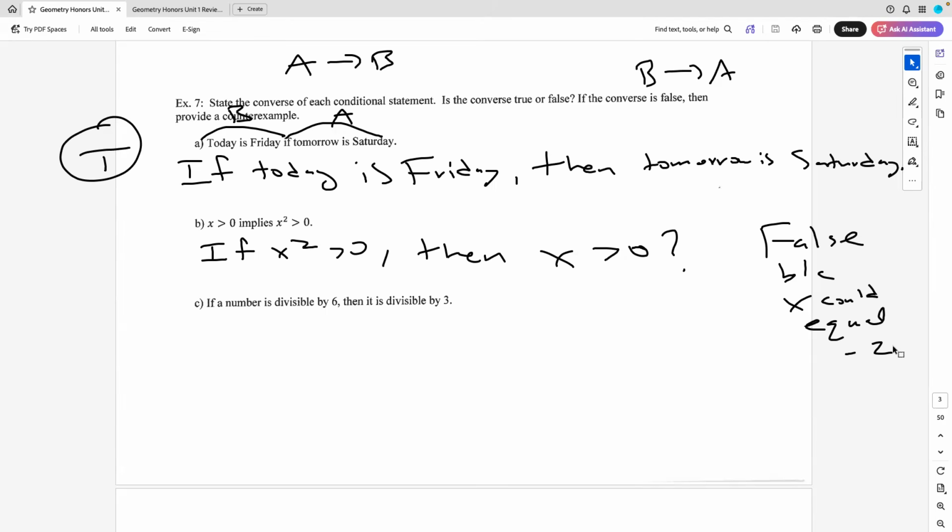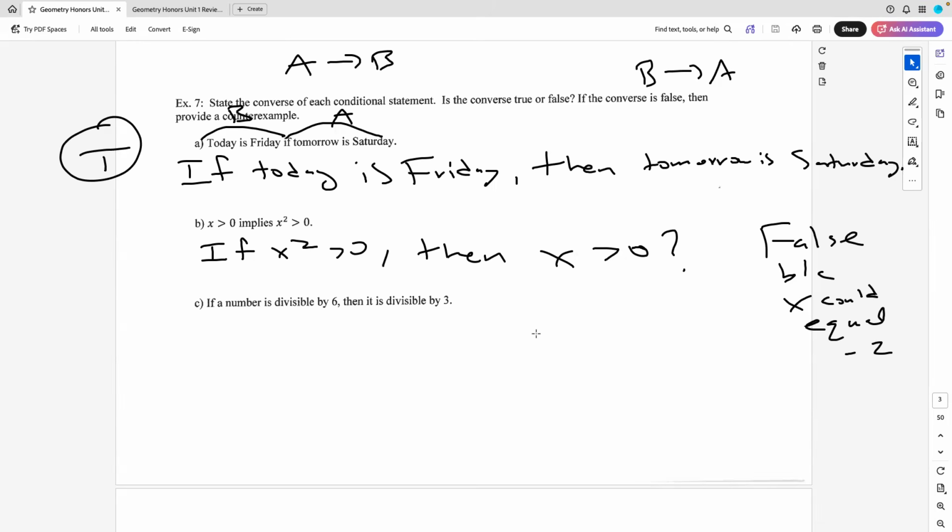Does it satisfy the conclusion? No. -2 is a great counterexample. Any negative number, right? Because you satisfy the condition, but the conclusion is not satisfied. Originally, it was satisfied. Give me a number bigger than 0, say 4. Is 4 squared bigger than 0? 100%. That works. But if I reverse it, is it always true? Sometimes not. So you can't say true with confidence, right? There is a counterexample like -2, for example.